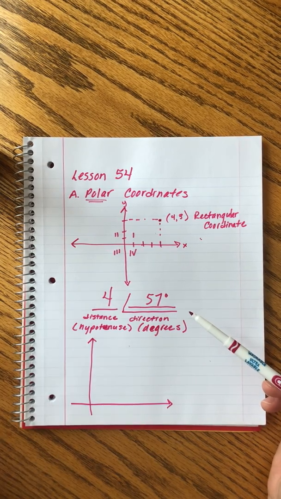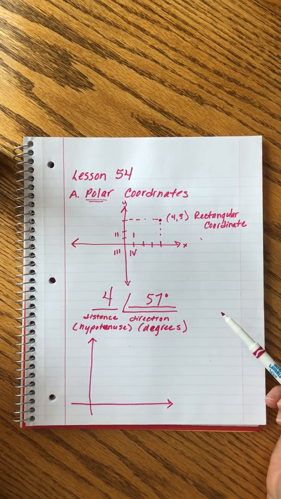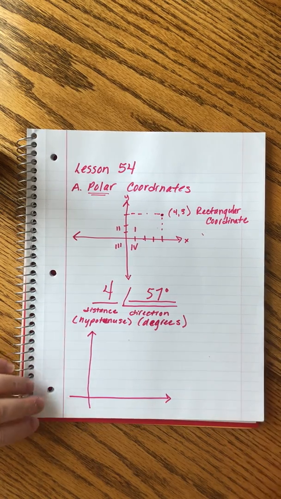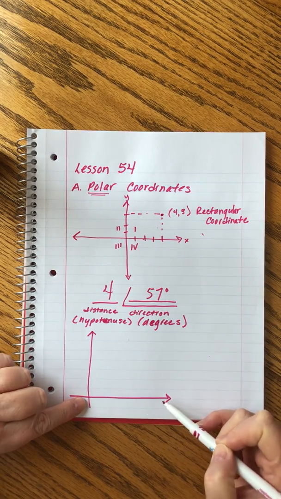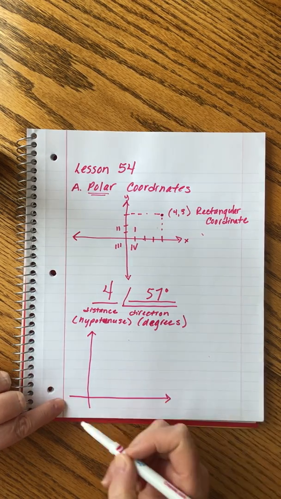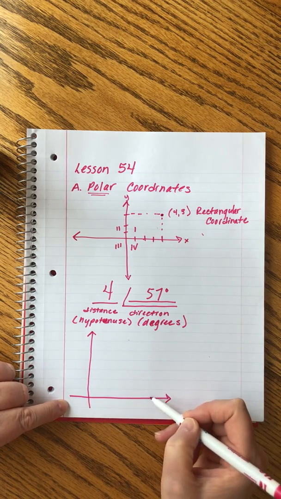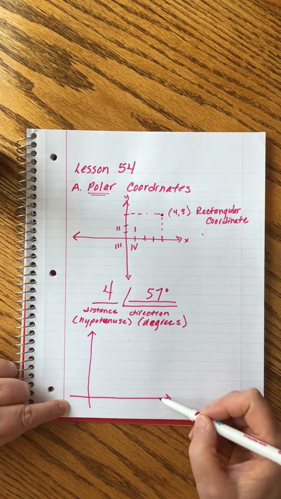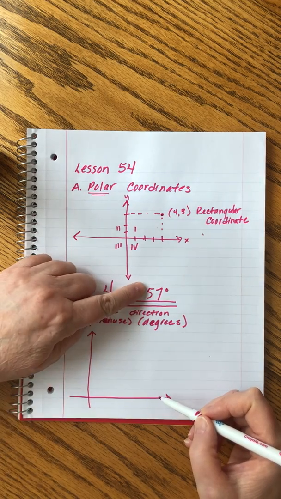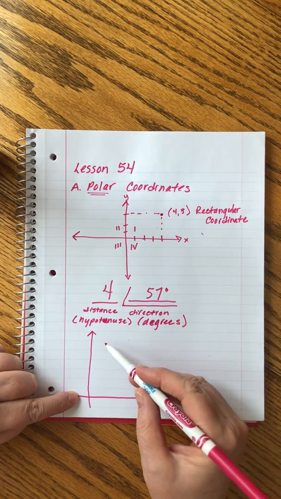We'll talk about how I knew by looking in the book, but you'll be able to figure that out yourself. So what we do is we always start measuring from what I think of as the horizon, the x-axis, and we measure backwards. So I start here and I measure 57 degrees backwards.